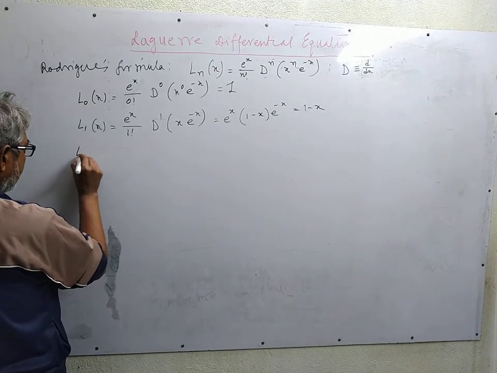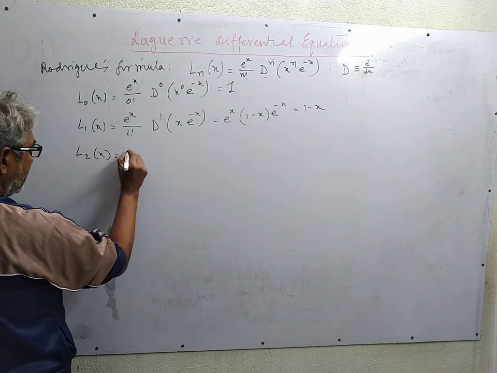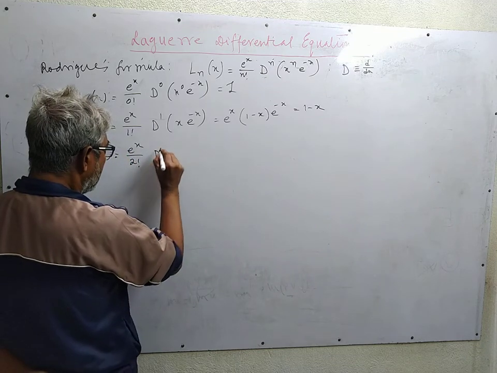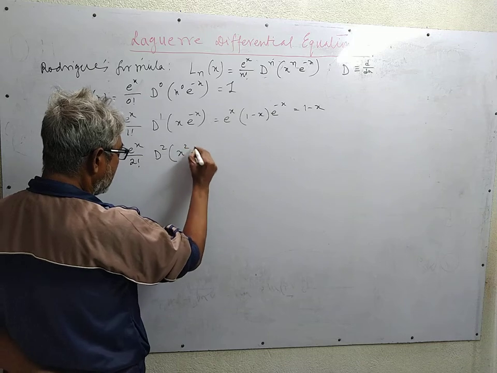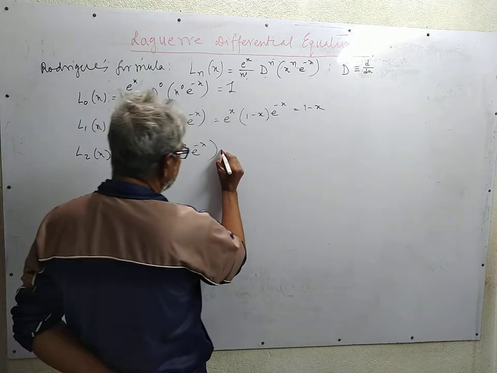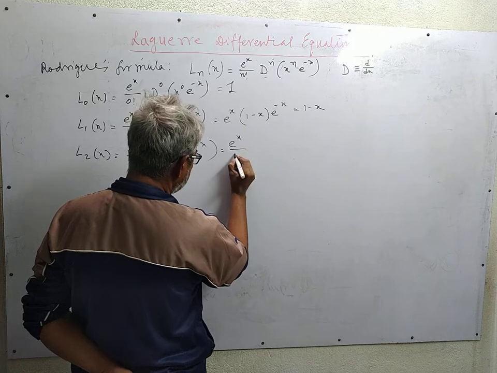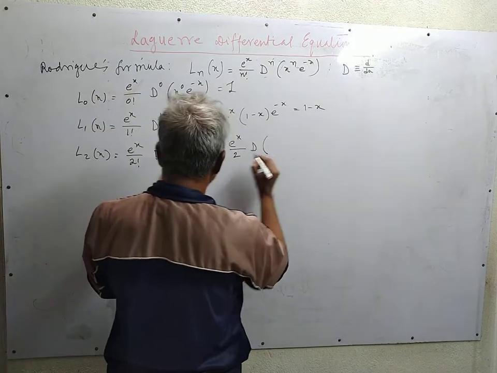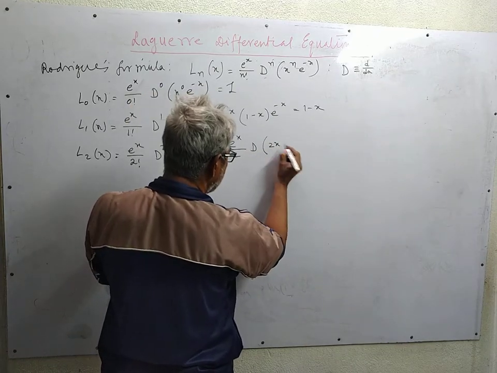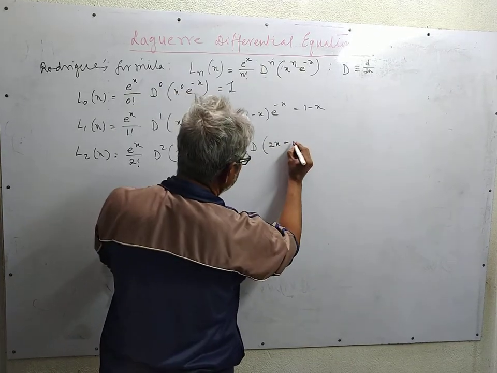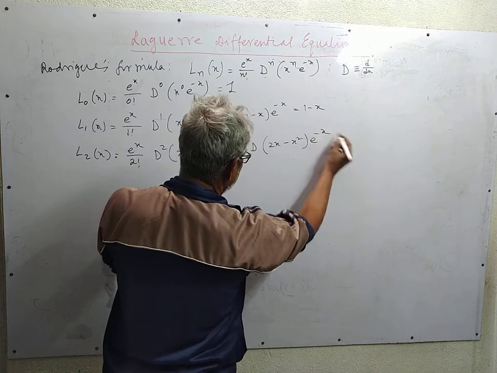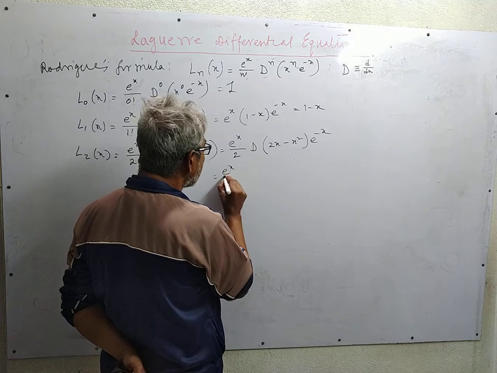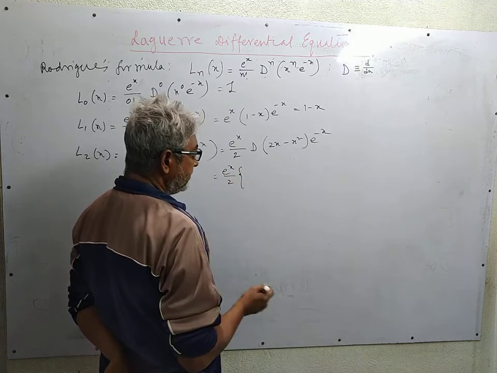Now coming to L2 of x. This is the factor e^x by 2, and when we differentiate once we get 2x, and when we differentiate this, minus x squared e to the power minus x. If we differentiate it once more, we get e^x by 2.